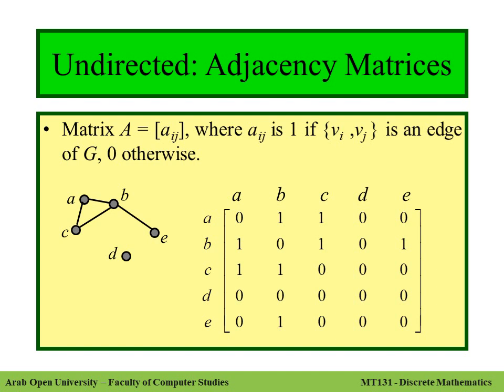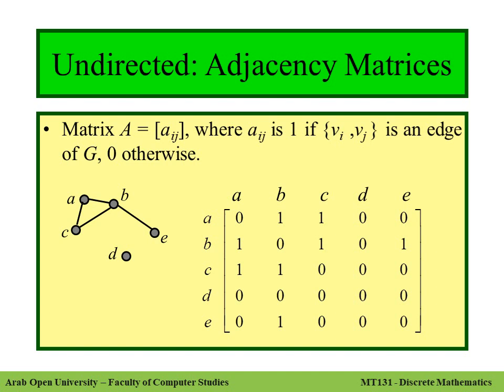Anytime a vertex from the column is connected to a vertex in the row, use 1 for true. If there is an edge, record 1. If there is no edge, record 0. For this graph you notice that there are no loops, no vertex connected to itself, so the diagonal here will be all zeros.